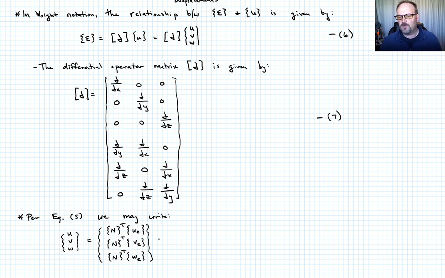Okay, so we could rewrite this then as some matrix N times this vector that looks like Ue, Ve, We. Okay, something like that.